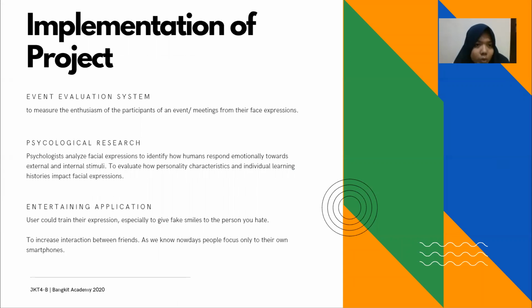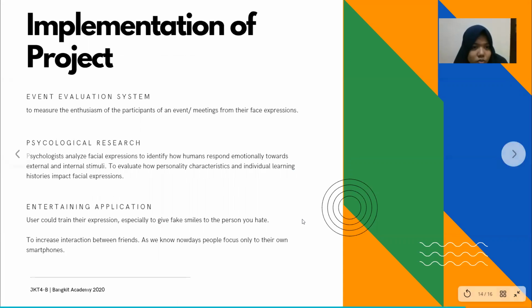Based on the project, we know that there are 3 implementations. The first one is for an event evaluation system. This project can be used to measure the enthusiasm of an event by using face expressions. The second one is for psychological research.